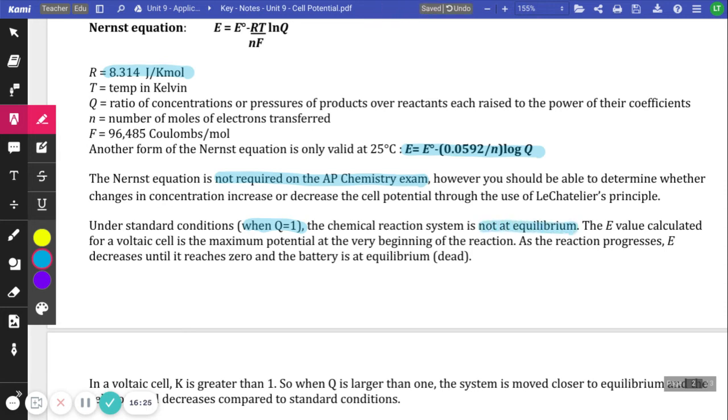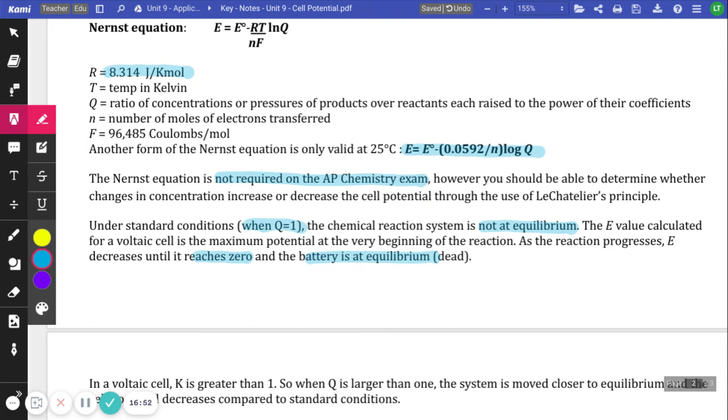The cell potential value is always calculated at the beginning of a reaction, but as a reaction progresses, our cell potential decreases till it reaches 0, and when we reach 0, the battery is at equilibrium, aka our battery is dead. So when you have a dead battery, all that means is that battery has finally reached equilibrium, and yes, it may be dead and useless to you, but the battery is at equilibrium now.